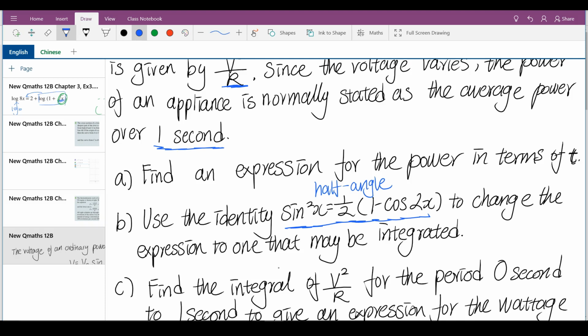This expression is the same as this, it's just a different expression. The half angle rule allowed us to convert a square of a sine, literally get rid of the square, into something else with cos, so we can integrate it.